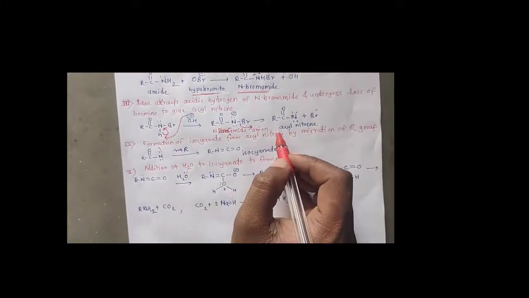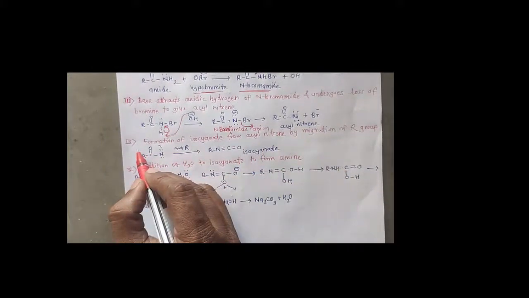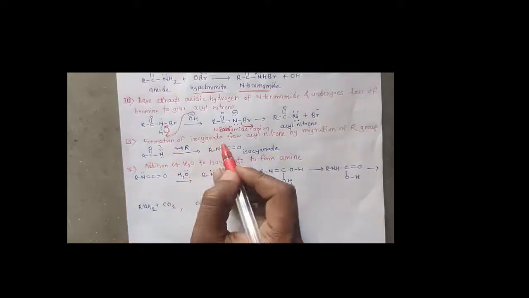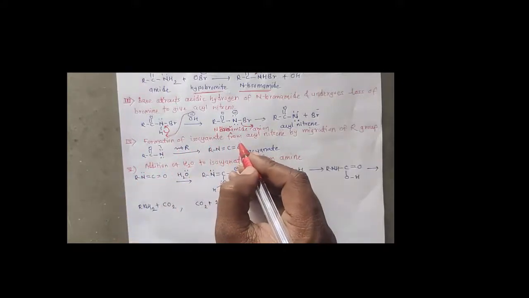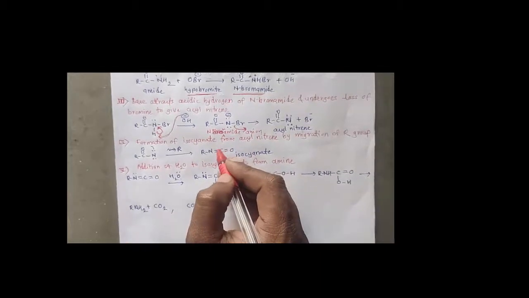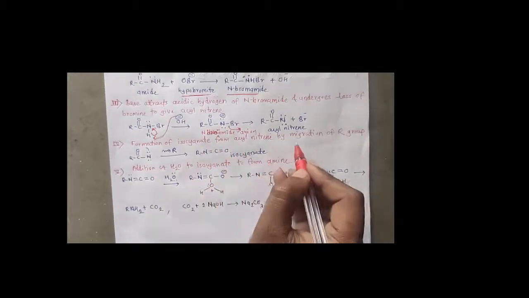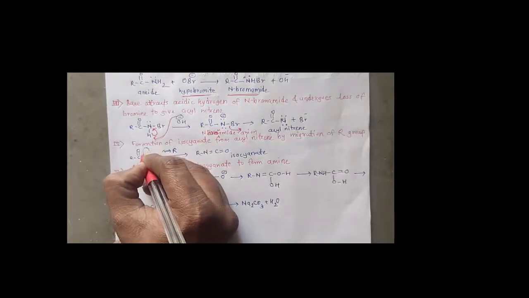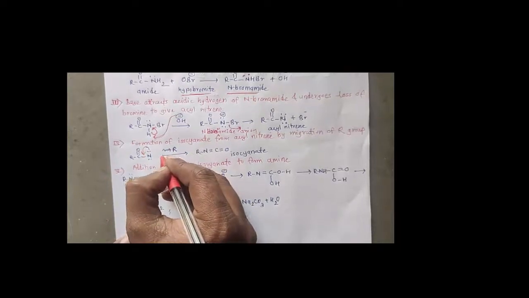Next, step four: formation of isocyanate from acyl nitrene by migration of the R group. The acyl nitrene formed in step three undergoes migration of the R group.